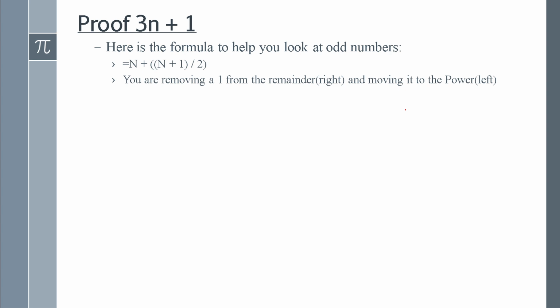And just a reminder that when we do the above formula, you're removing a 1 from the right side, the remainder side of the number, when we're looking at the binary, and it's an odd number. There's a remainder side and a power side for that number. And what we're doing is we're taking a 1 from the remainder side and moving it to the power side.